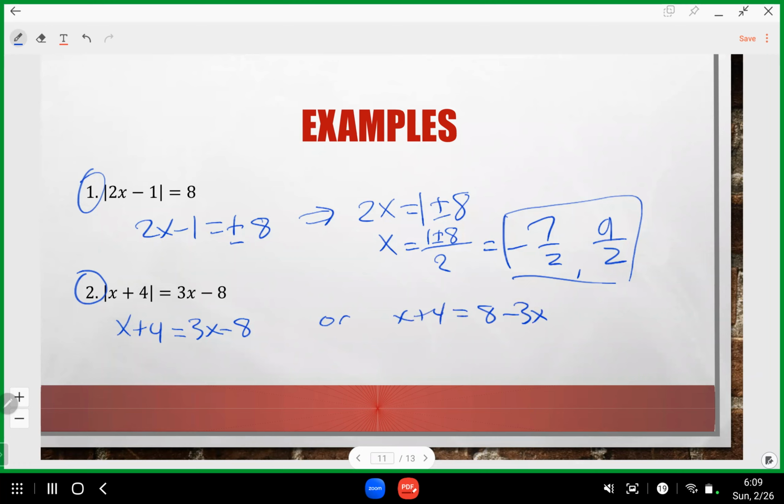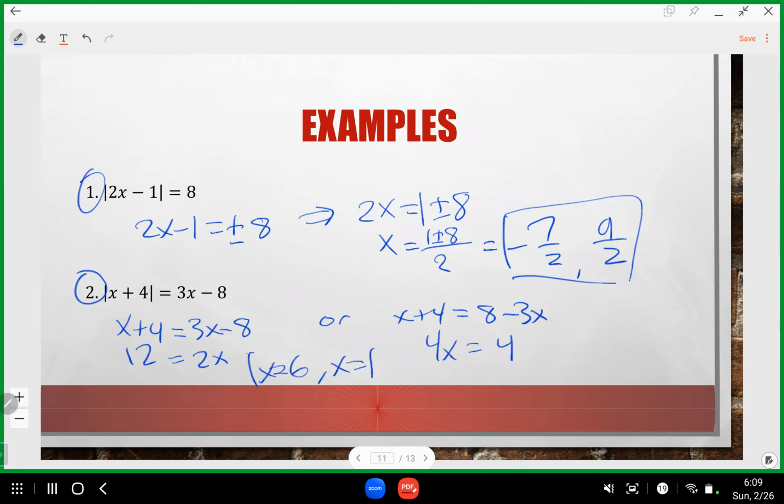So x is equal to 3x minus 12, or x is equal to 4 minus 3x. Or 4x is equal to 4, and then that just means x is equal to 6 or 1.